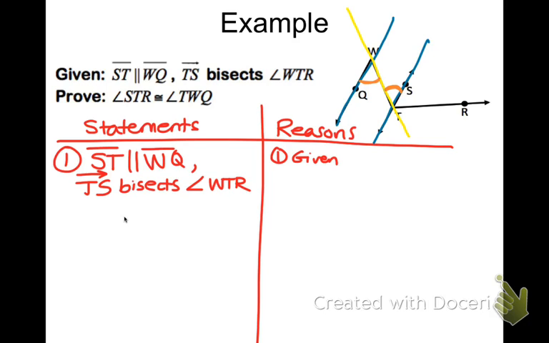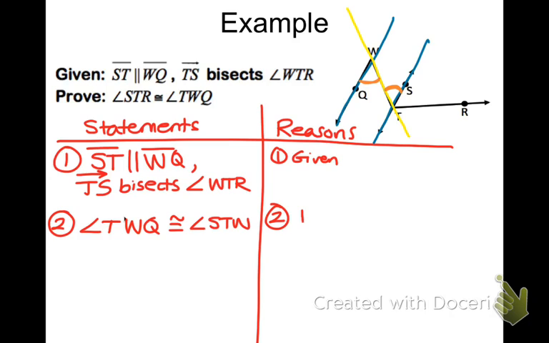So now I actually have to put that in my proof. So let's name it. So that first one, I'm going to call it angle TWQ is congruent to angle, well, not STR, STW. Give me an if-then statement.